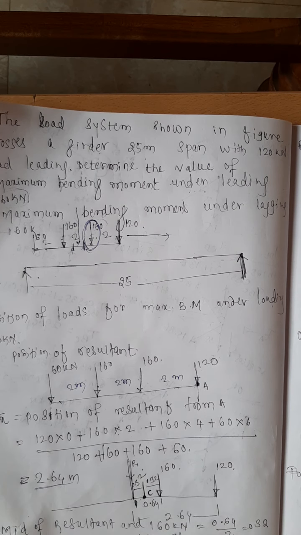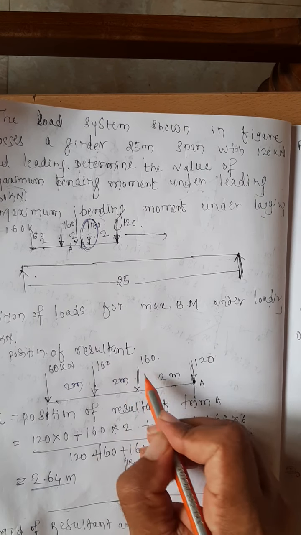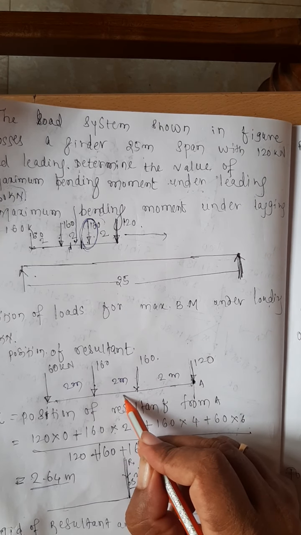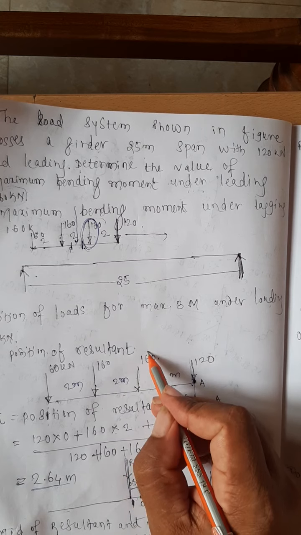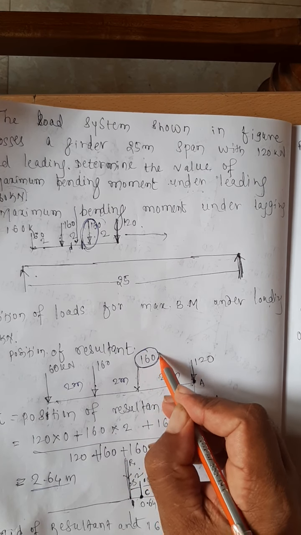2.64 meter. What exactly is the meaning of this? The resultant of all these loads is at a distance of 2.64 from this end. Can you guess? We are interested in the maximum bending moment under this load.